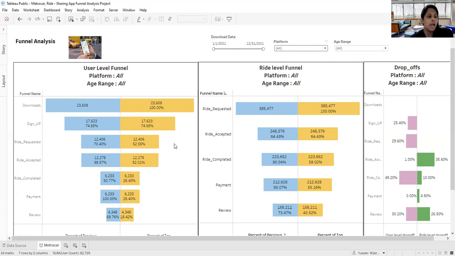specific reasons. Another important thing is ride request. The conversion rate is somewhat higher, but the drop-off is around 30%.